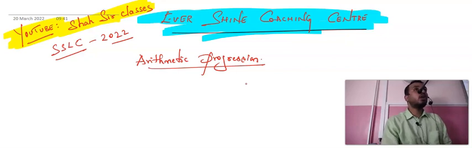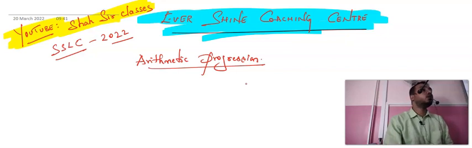I request you all, please, at this time no need to go with any study materials except your textbook. Your textbook questions are the motherland for your board exam. Concentrate only on the textbook questions. Along with that, your model question paper questions, preparatory question paper questions, and then your practice papers. That is more than sufficient.